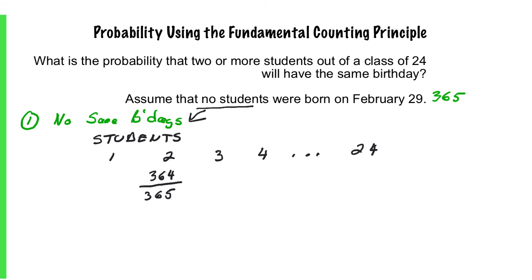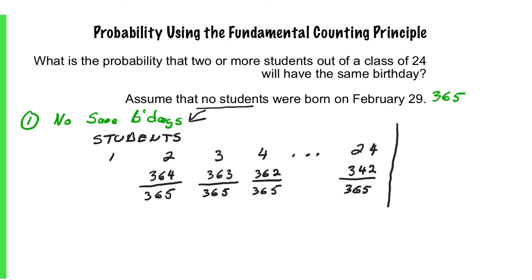The third student would have 363 days without the same birthday as the first two. The fourth student would have 362 days without the same birthday as the first three. So ultimately, when you get down to the 24th student, the 24th student would have 342 days without the same birthday as the other classmates.